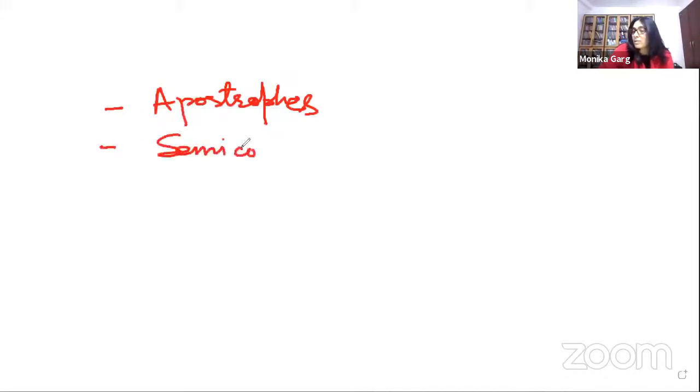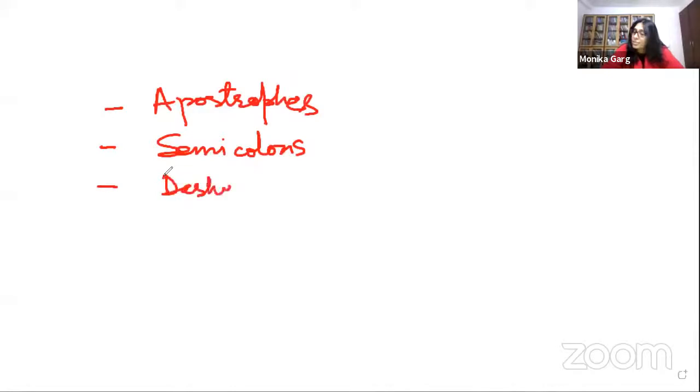First one, we begin with apostrophes, and that's usually one question, sometimes even two questions on the test. And then we have semicolons. So it's not that one question would totally be based on one type of punctuations, but then the answers basically come from some of these specific punctuation points.